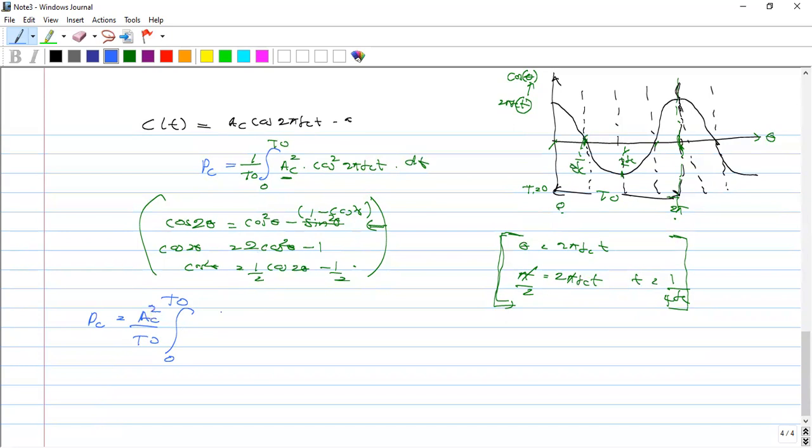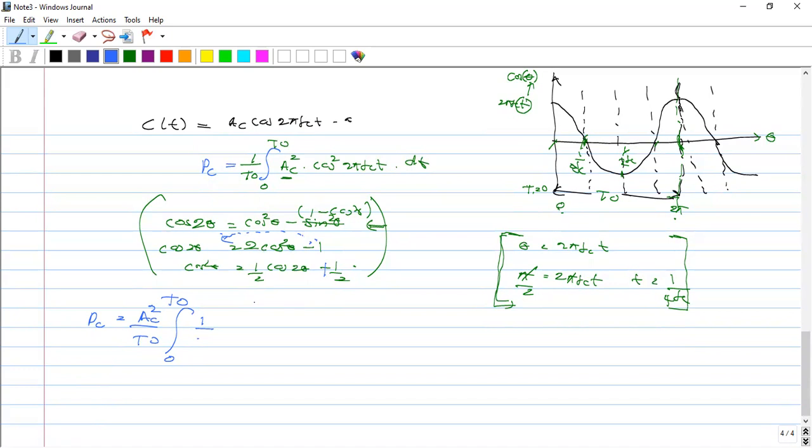I have half, and when this one goes to this side, it will be plus cos 2t plus 1.